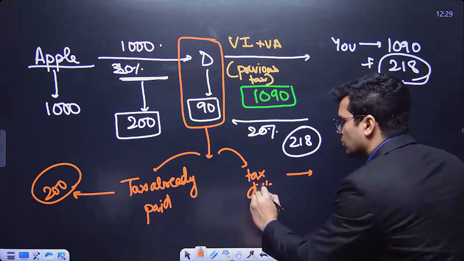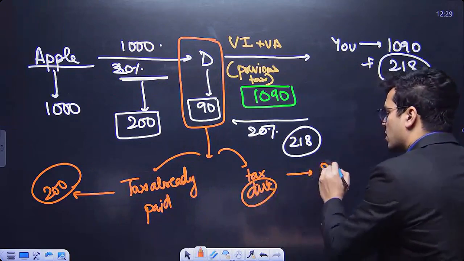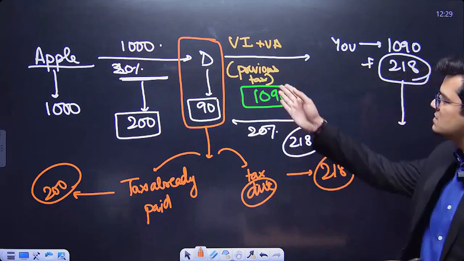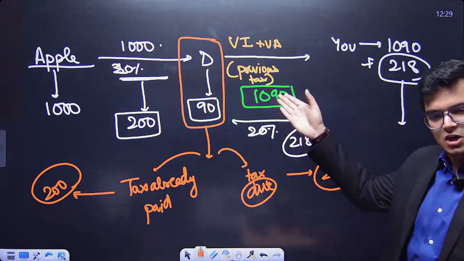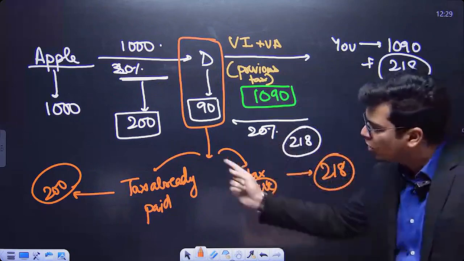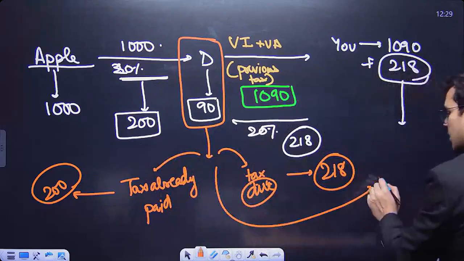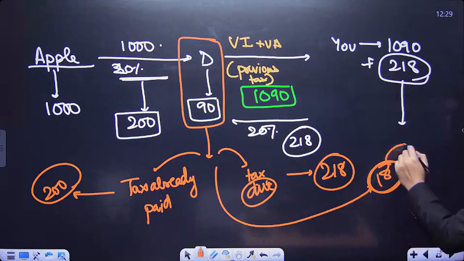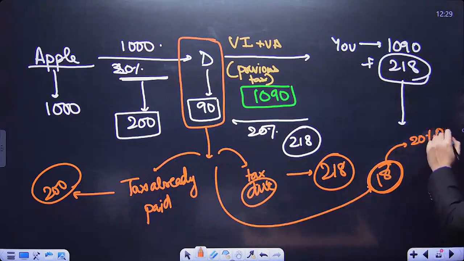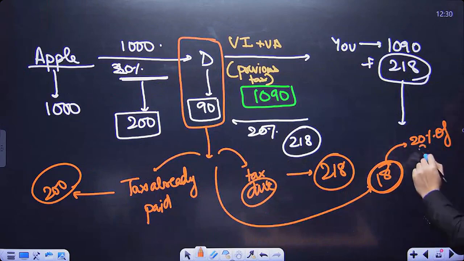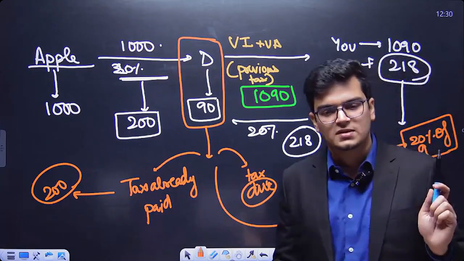Tax due was 218 rupees because you made a sale of 1090, and 20% of that is your tax due. You have already paid 200. So what does the distributor now have to pay? 18 rupees. 18 rupees is 20% of 90. So this is fine.